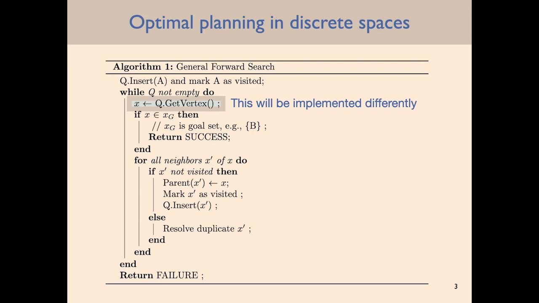Today, we're going to implement this q.getVertex function a little bit more cleverly than we did in the previous lecture. That's the main modification. The second modification is this part of the algorithm, resolve duplicate x prime. I'll say more about that as we discuss the algorithm.